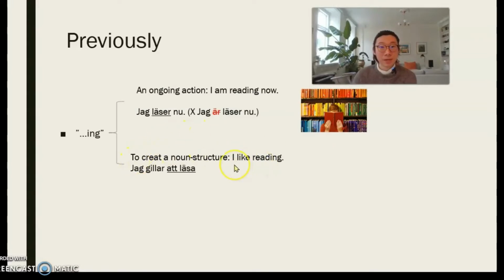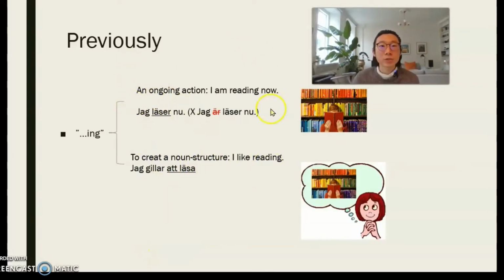For example, I like reading. Reading here is not an action, it is a noun, it is an activity. This structure, I like reading, in Swedish becomes jag gillar att läsa. So att läsa in Swedish is the way to create a noun structure.